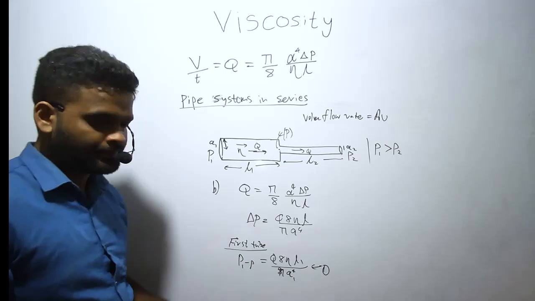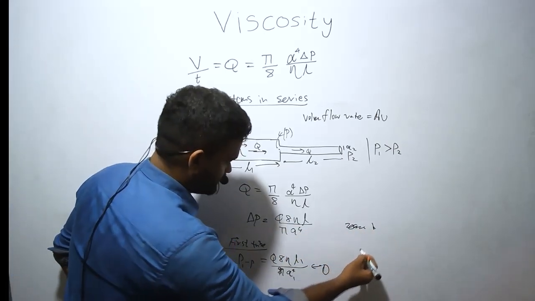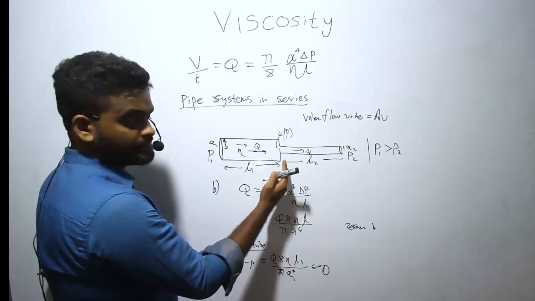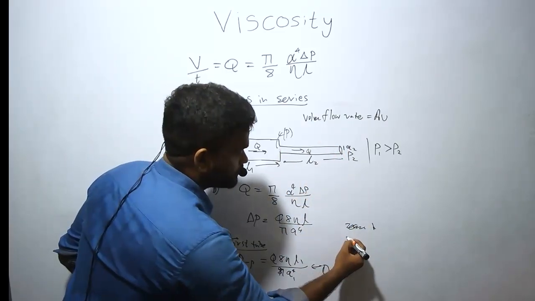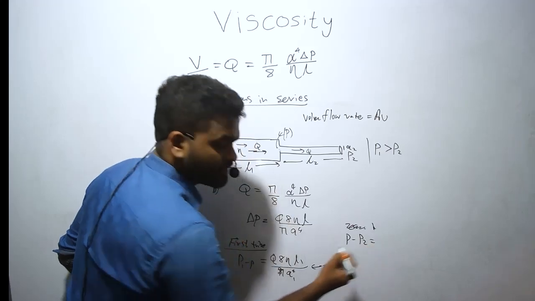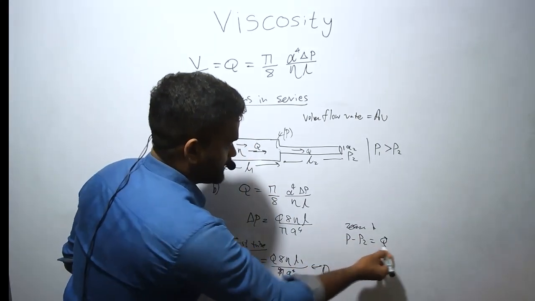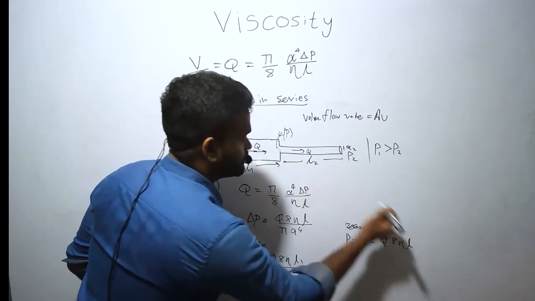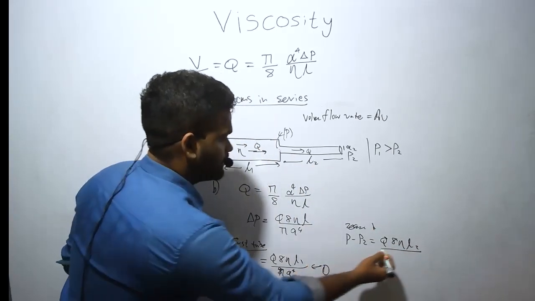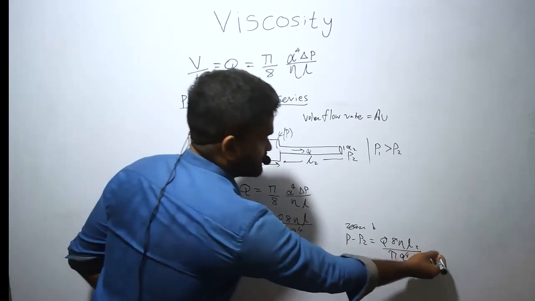Then for the second tube, what's the pressure difference? P minus P2. P minus P2 is equal to Q 8 eta L2 divided by pi A2 to the power 4. This is the second equation.